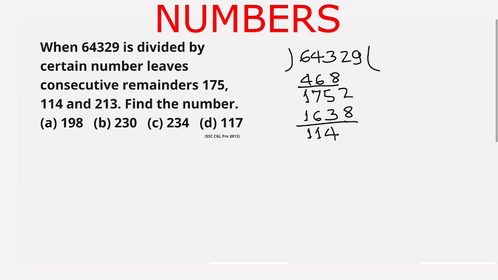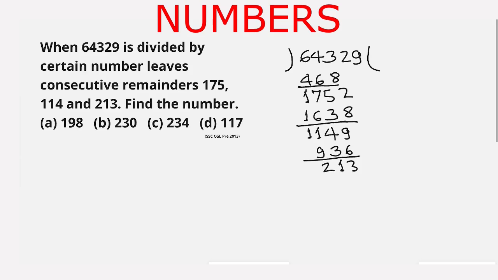Now we carry 9, so the number becomes 1149. And our final consecutive remainder is 213. On subtracting 213 from 1149, we get 936. Or when 936 is subtracted from 1149, the final remainder is 213.